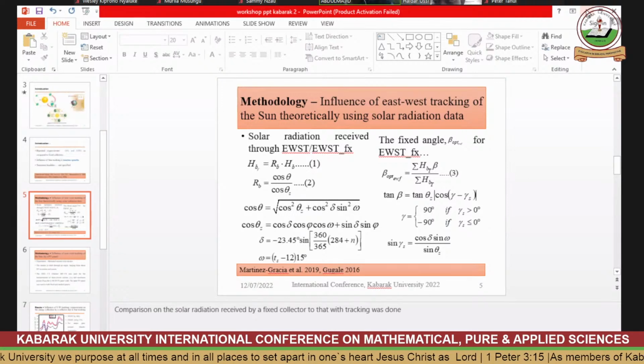We have done that by comparing the energy received by a tilted panel to the energy received by a horizontal panel. And that's the improvement that we have shown in the results, about 36% and 22% improvement with different tracking configurations. That's the significance of the study: the energy collection can be improved by about 36% and 22% by a tilted panel compared to a fixed panel.